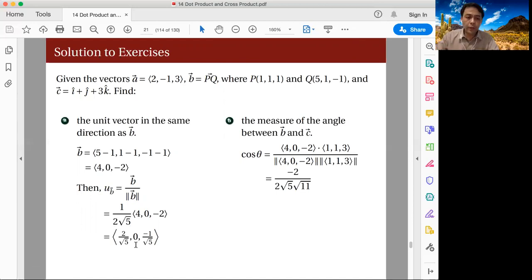And this will be our magnitudes. So we can just cancel the 2 and then get the inverse cosine. Negative 1 over square root of 55 is not a special value, so we just leave the answer in this form. So theta is inverse cosine of negative 1 over the square root of 55. Okay?